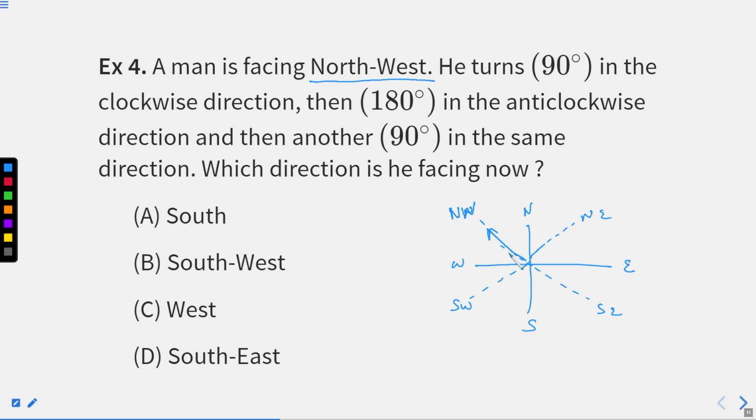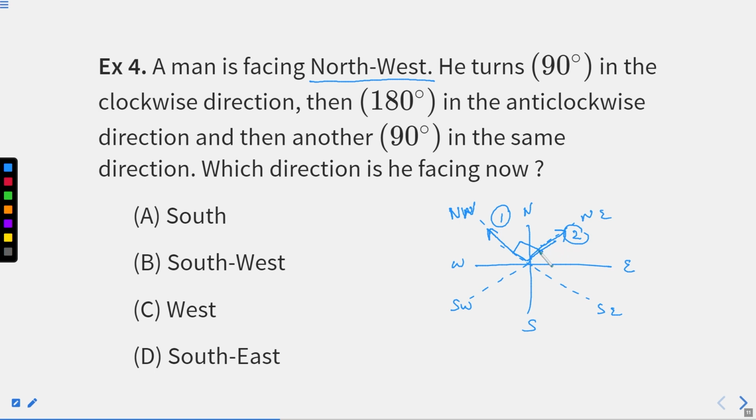Then he turns 90 degrees in the clockwise direction. If he turns 90 degrees, he'll find himself, let's say position number 1, in the northeast direction, which is position number 2, right? Then he turns 180 degrees in the anti-clockwise direction.